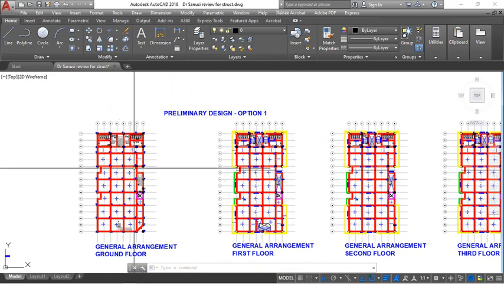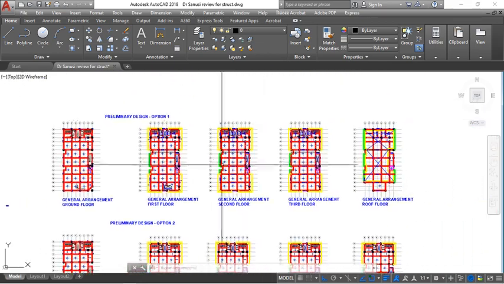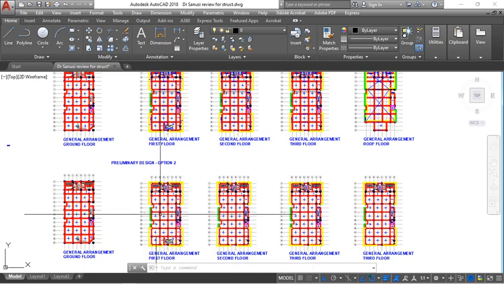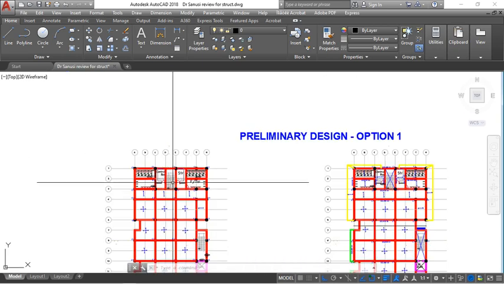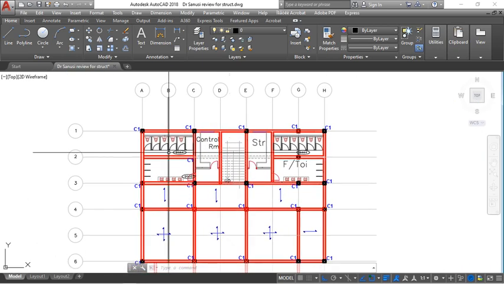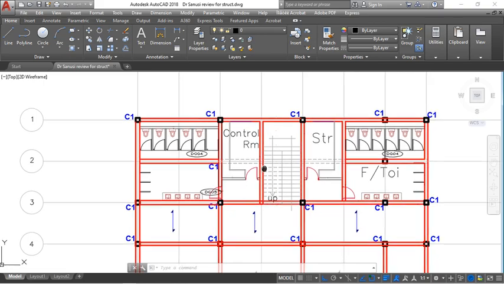I took time to make the general arrangement for each floor, both in option 1 and option 2. In option 1, which is the beam and slab arrangement, I have made this arrangement.